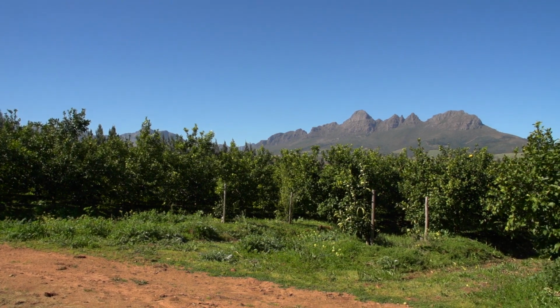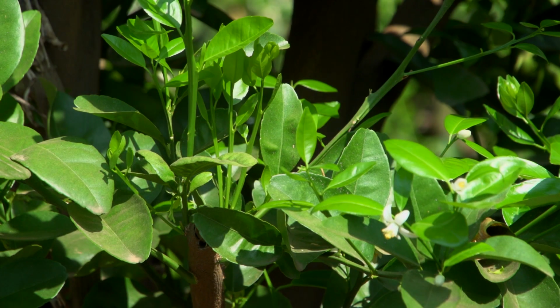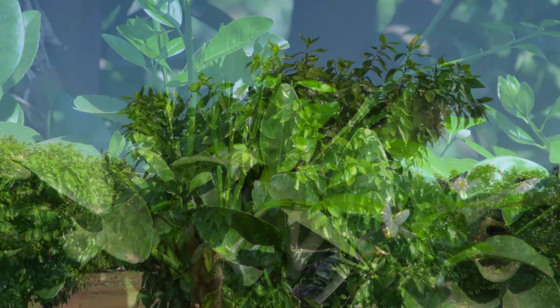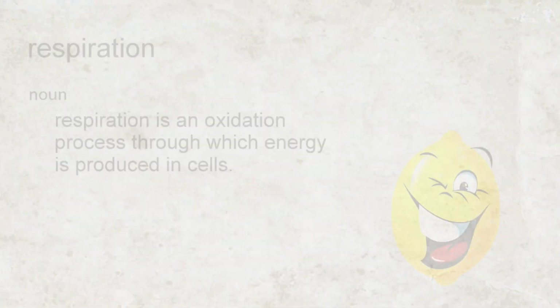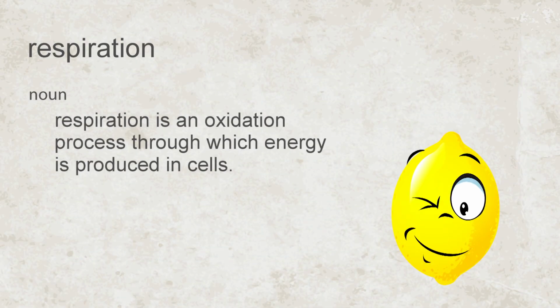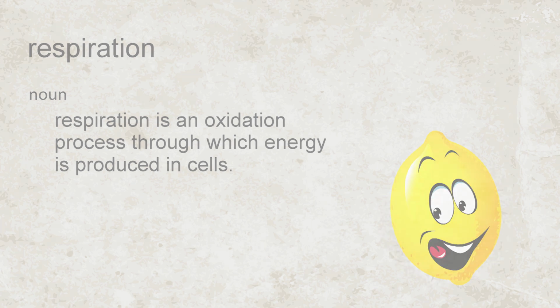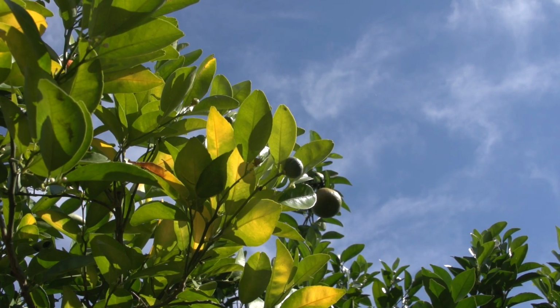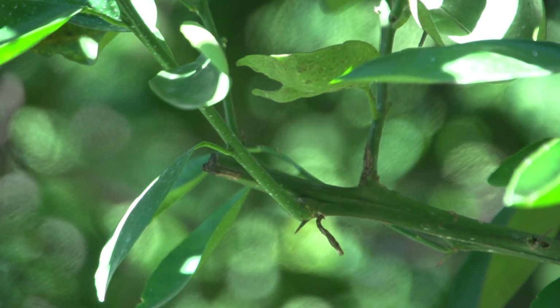Carbohydrates made by the plant during photosynthesis are not used directly. The process by which a plant converts carbohydrates to growth energy is called respiration. Respiration is an oxidation process through which energy is produced in cells. Only cells with chlorophyll can carry out photosynthesis, but all live cells carry out respiration.